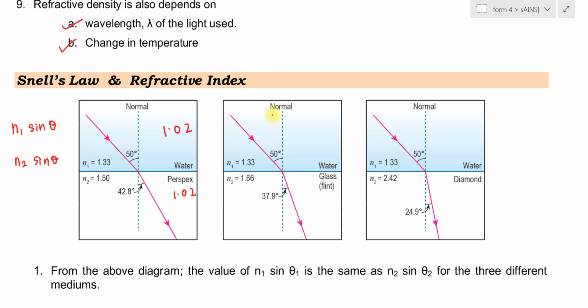Okay. Baik, kita cuba yang seterusnya. 1.33 sin 50 mesti 1.02. Ini semua 1.02. Kita cuba lain. N2 dia 1.66 sin 37.9. Dapat 1.02 juga. Kita tengok lagi. 2.42 sin 24.9.